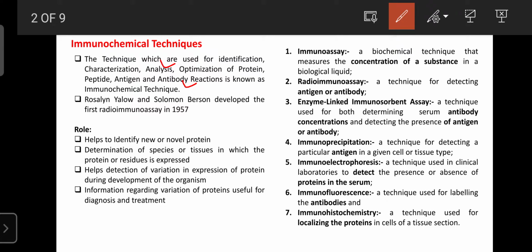Then she tried to find the antibodies. That antibody can react with that antigen and form the antigen antibody reaction, and on the paper it forms one band. That band reflects the presence of antigen, otherwise the band cannot be developed.